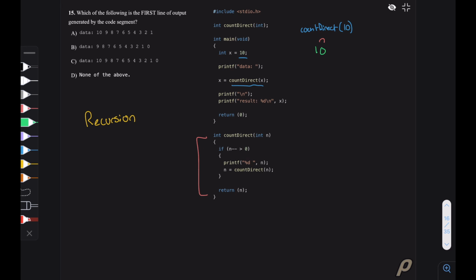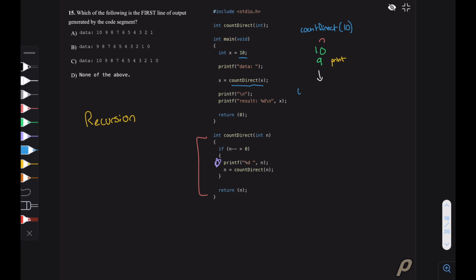We check, is n greater than 0? It is. Then we subtract 1 from n after the fact. Here's the important part: we print it before we go into the recursion. So right away we print this, and then this n value gets passed down into another call of count direct.